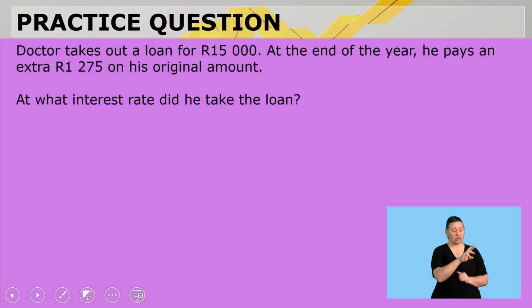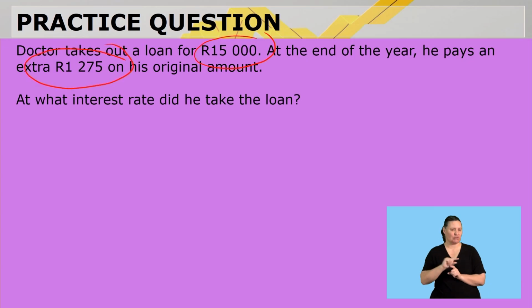A doctor takes out a loan for 15,000 Rand. At the end of the year, he pays an extra 1,275 Rand on his original amount. So there's an extra. That is your interest value. At what interest rate did he take the loan?